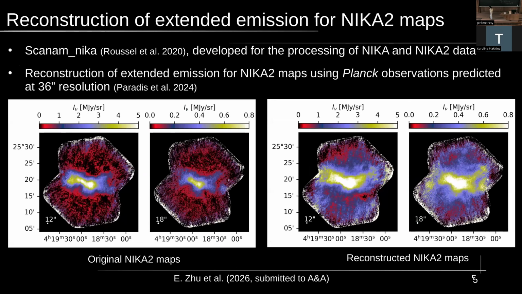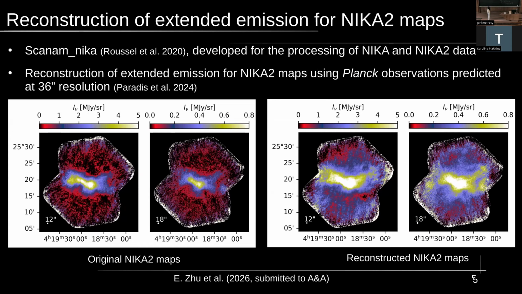Before the analysis, one very important step is to reconstruct the extended emission that can be observed by Herschel, but not with NIKA2, which is a ground-based telescope. In that way, we can really combine Herschel and NIKA2 observations. To do this, we first use the software NIKA pipeline to reduce the NIKA2 data.